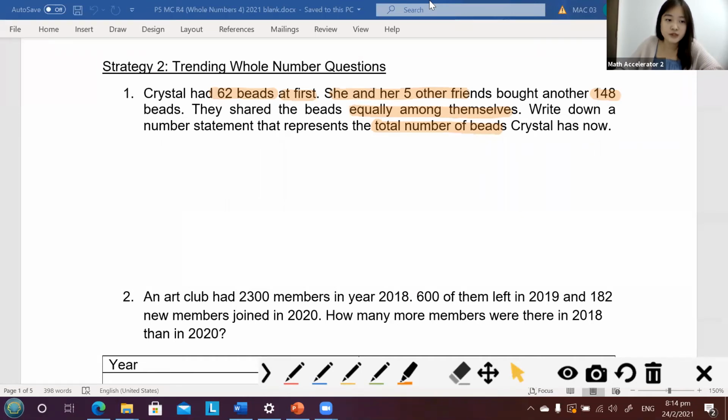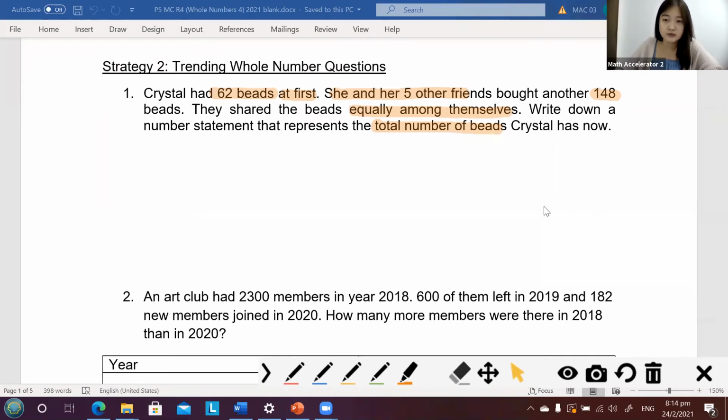Which one should it be? You have 62 at first, and then you bought another 148. Then now they're being shared equally amongst themselves. So which of these represents how many beads Crystal has now after it was divided? Can you choose? What should the answer be?